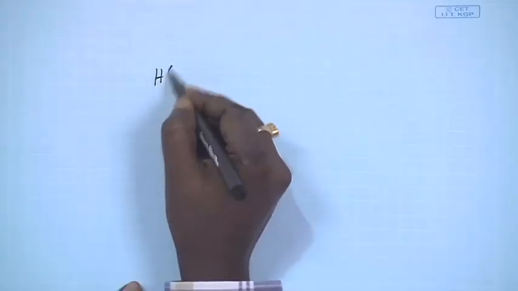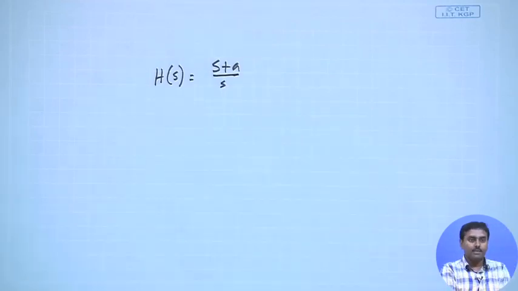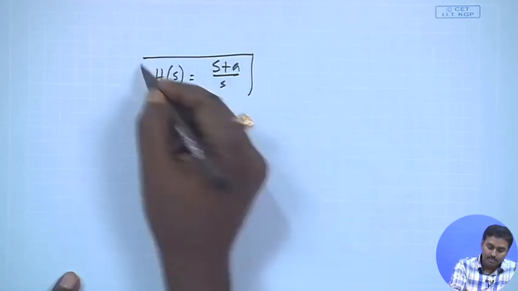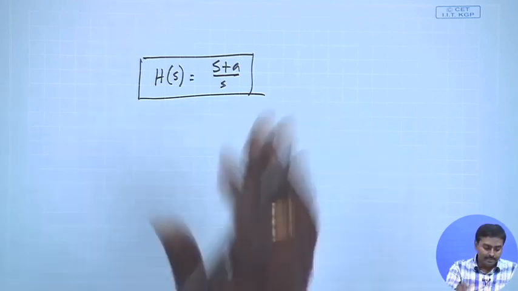So, now what we wish to do is, can we better this? Our next target should be to take an H(s) which is of second order. Let us say the transfer function is something like this, (s plus a) divided by s. This is just a realistic filter, we can design it with any RC circuitry. So, let us take this.